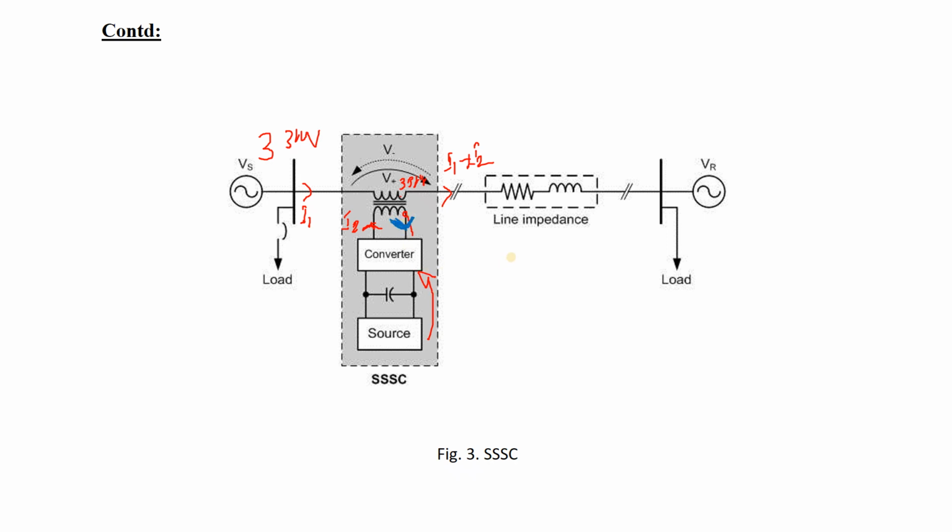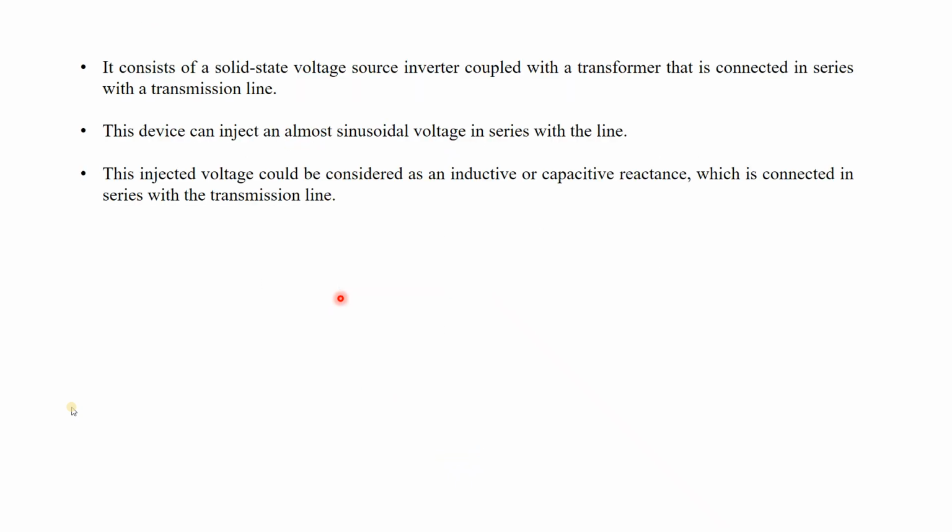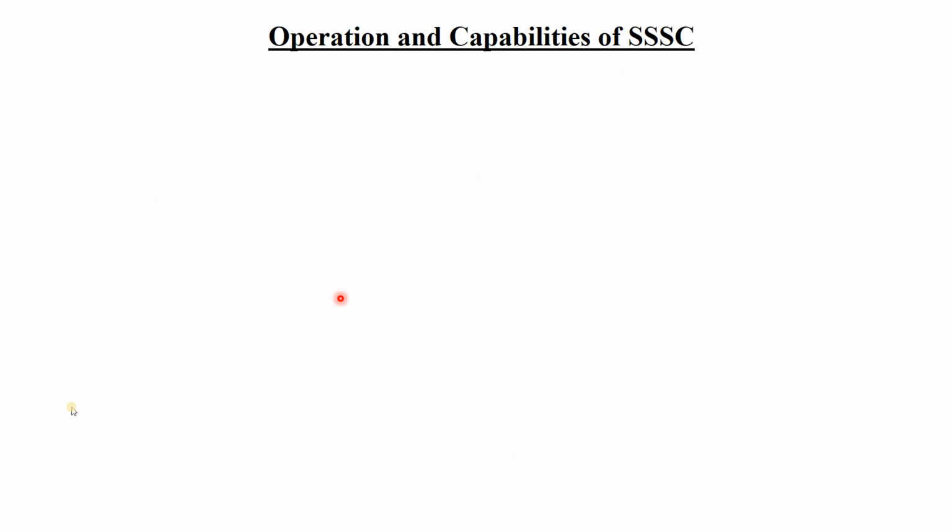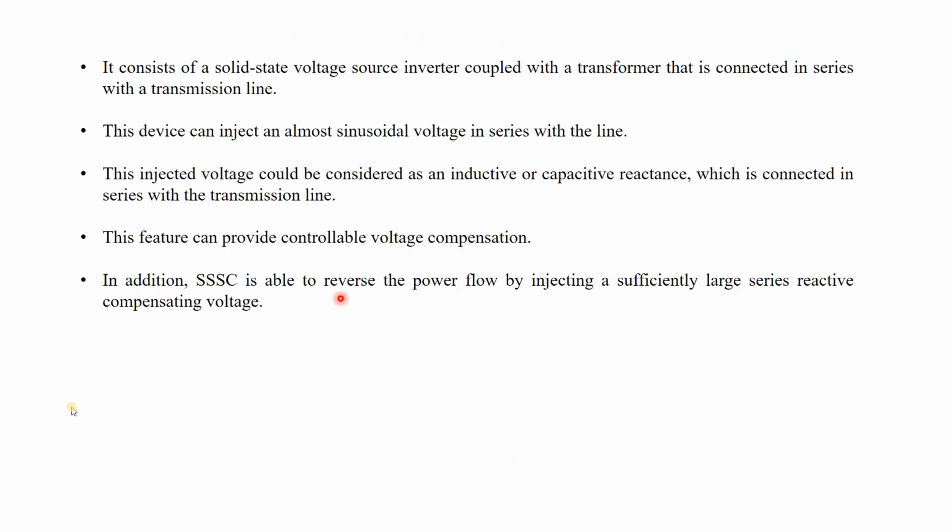So it will act as an absorber of reactive power. That means the transformer is there, so it will act as a step down transformer and it will absorb the power. So it is also operating as a reverse power system.